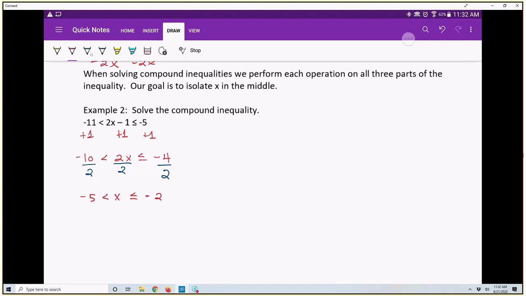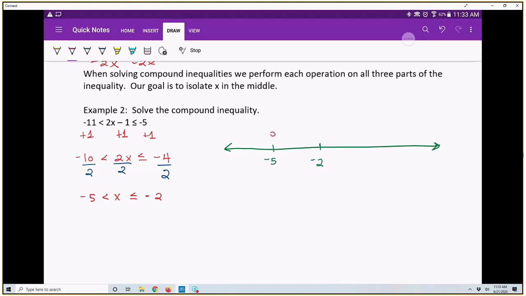I still want to use interval notation, but what interval is this? Well, let's try to draw our line and see if we can figure it out. I know that I have -5 and -2. And it looks like my x has to be bigger than -5.